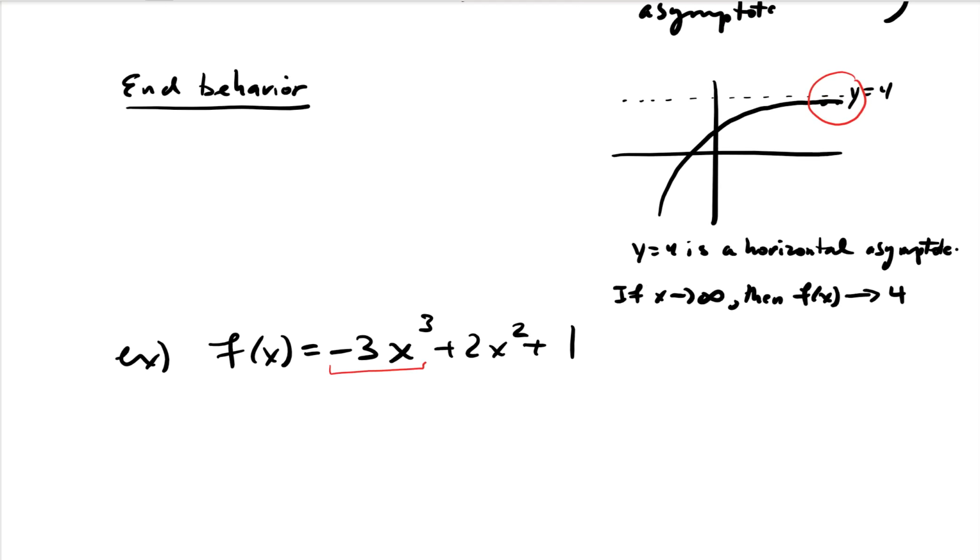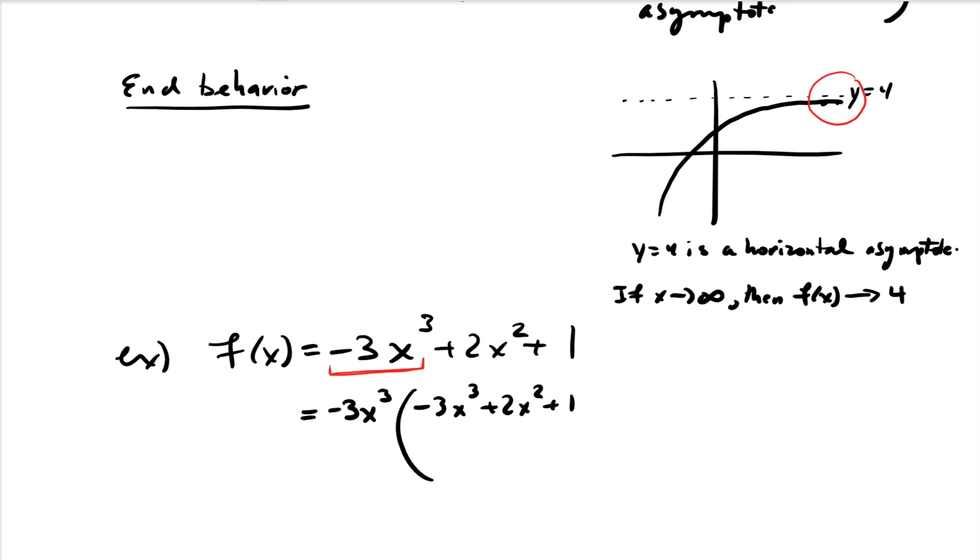I'm going to factor only the first term. Actually, I'm factoring not any term, I'm factoring the leading term. So what I'm going to do is multiply and divide by it. So I'm going to multiply by this.